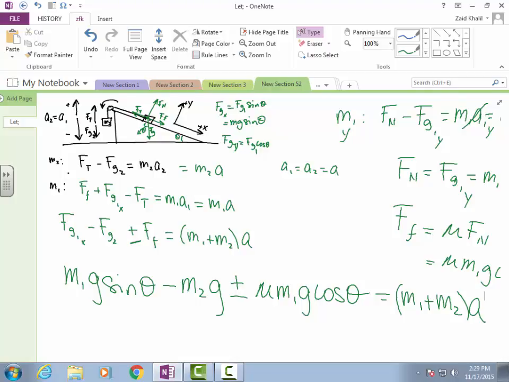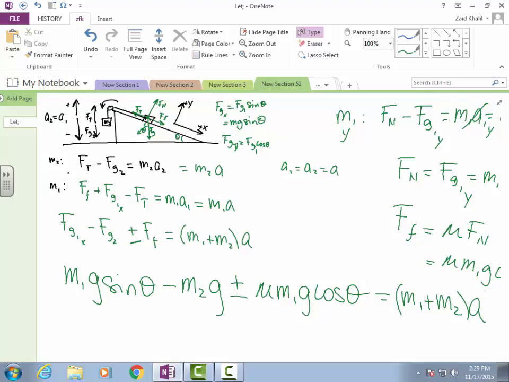Sine theta, right? Minus m2g, and then it's plus or minus, okay, all over m1 plus m2. Okay? So I'm going to carry over that m2g.